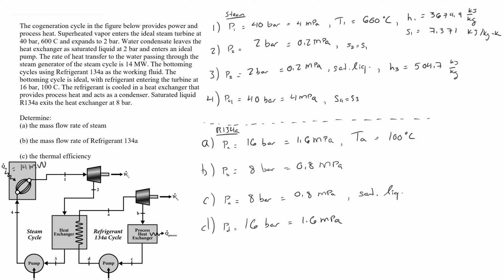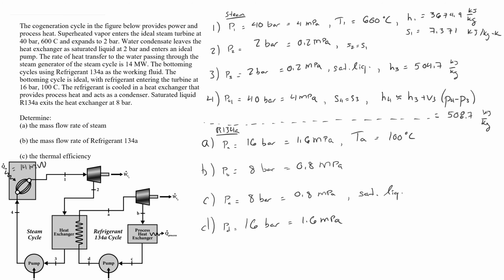I don't need to find these entropies outright, but knowing this allows me to say that H4 is approximately H3 plus V3 times (P4 minus P3). You've seen how to look these properties up, like V3, and then convert pressures to, say, kilopascals, in previous videos. So I'll save you the calculation and just give you the value of 508.7 kilojoules per kilogram.